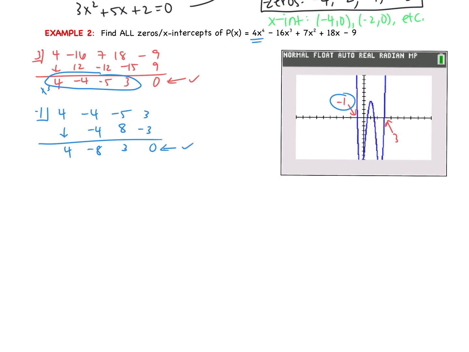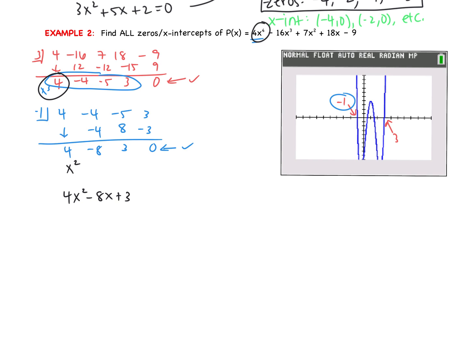And so we got a 0 again. Now this is x squared. So we have 4x squared, subtract 8x, add 3.